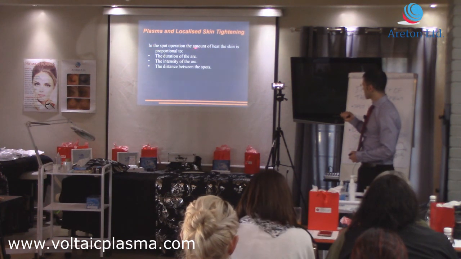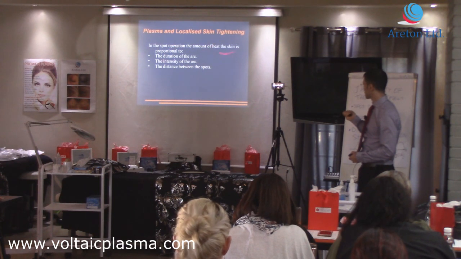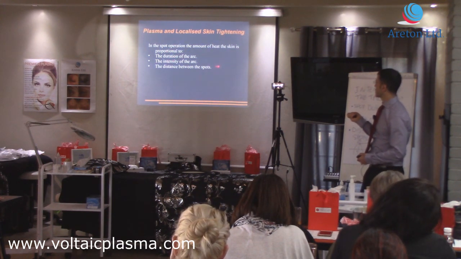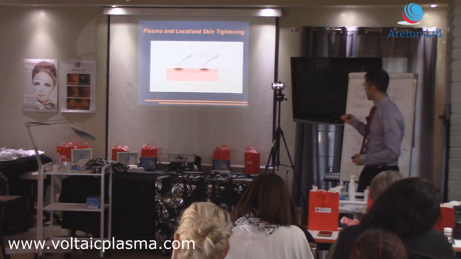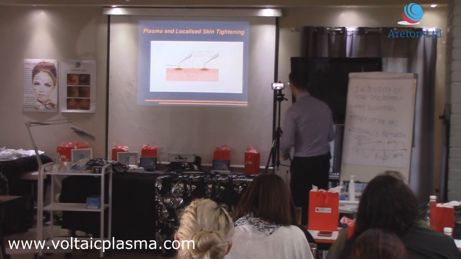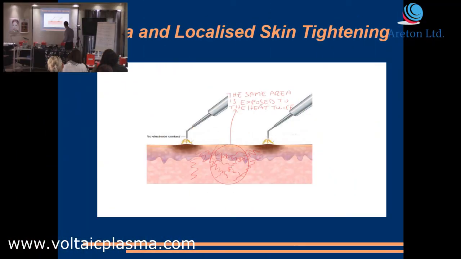In the spot operation, the amount of heat injected into the skin is proportional to the duration of the arc, intensity of the arc, and distance between the spots. Okay, why? Remember this, what I've done there, one night I couldn't sleep. I said, we've got to really explain this thing. So let's assume now that we only have this arc here.